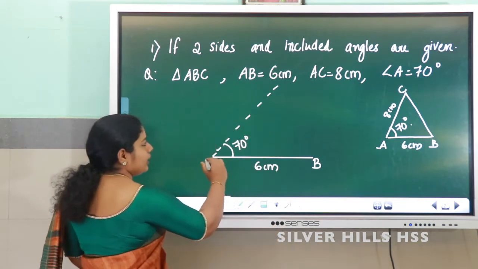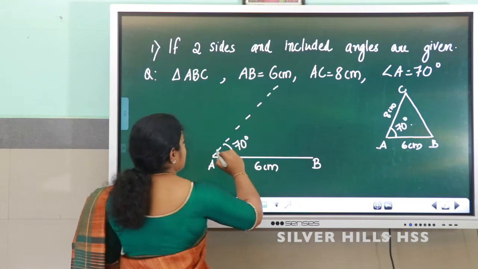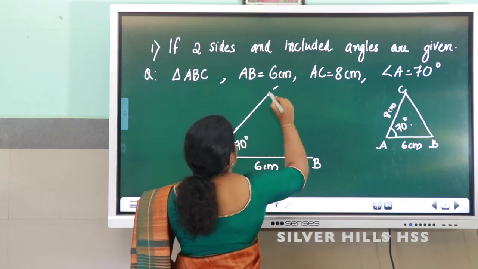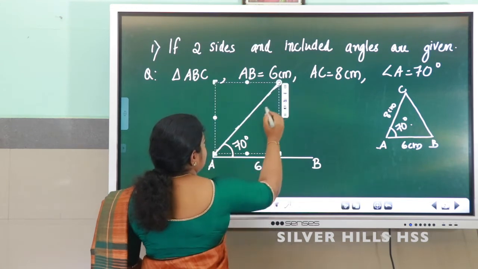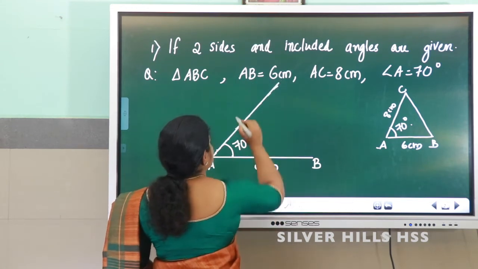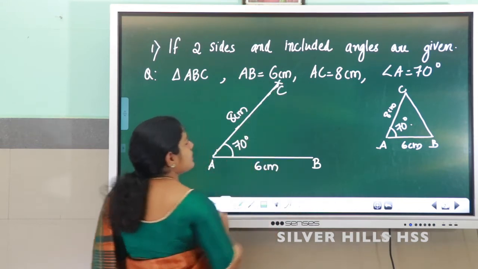So from A, using a scale, just measure 8 centimeter and draw it like this. This is 8 centimeter, so this will be our point C.